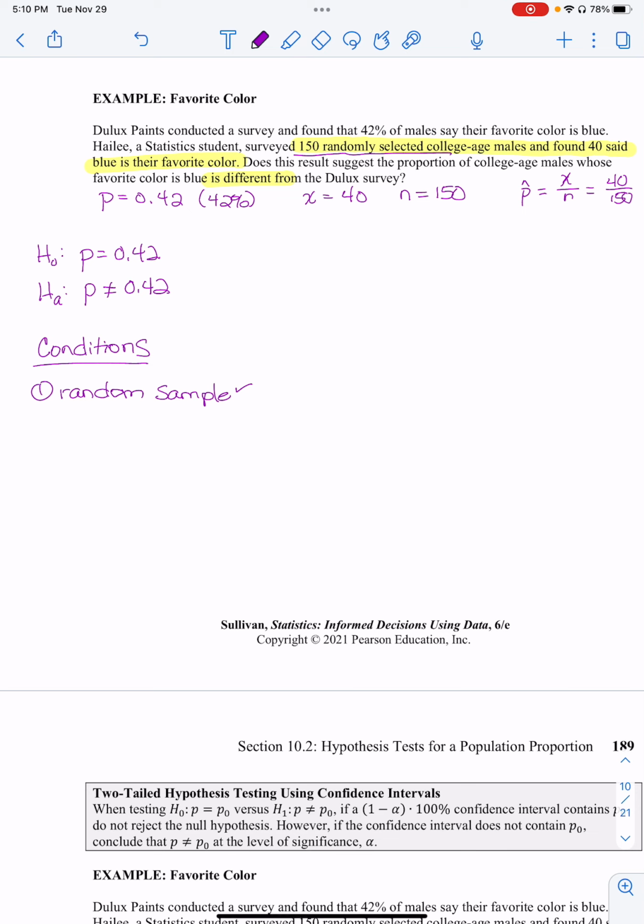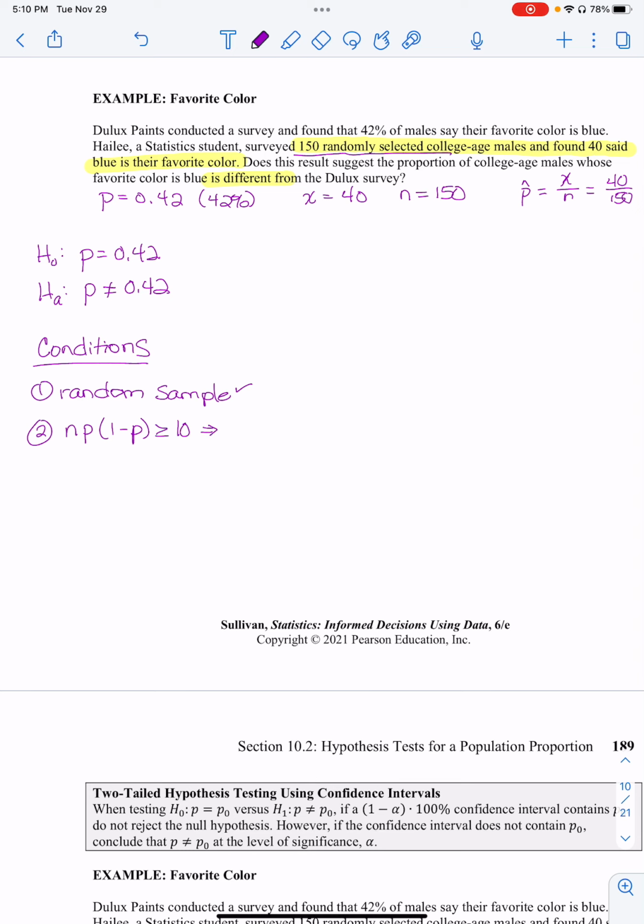We have a random sample. Number two is to make sure that we have a large enough sample size, that n times p times 1 minus p, and you'll remember this from the chapter about sample proportions, must be greater than or equal to 10. It's one of the conditions.